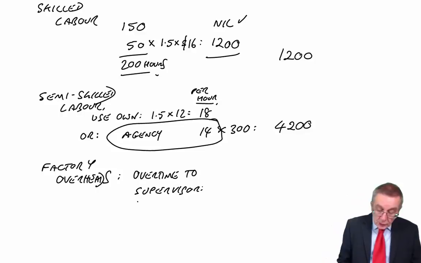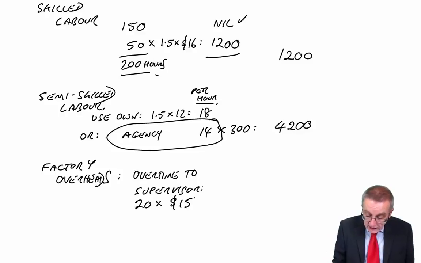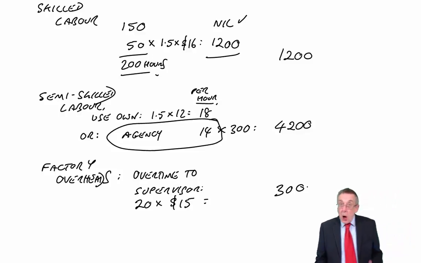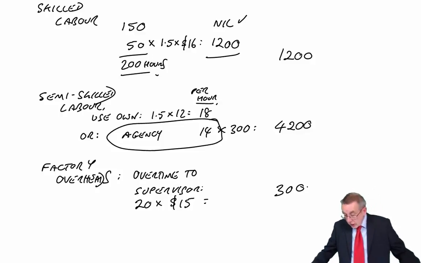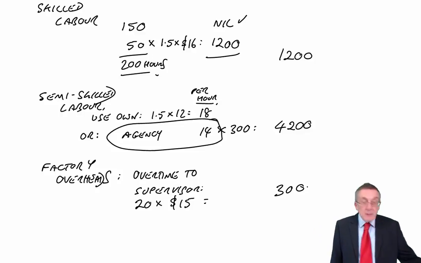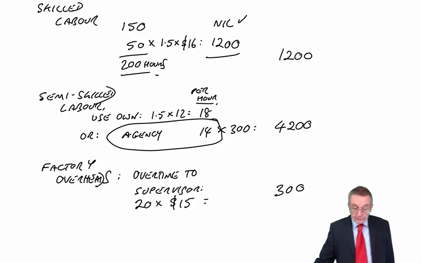He'll need to work 20 hours of overtime. He's paid $15 an hour for any overtime. And so the only extra cost in all of that paragraph is 300. General overheads will occur anyway, with or without the contract. Supervisor's salary will be paid anyway, with or without the contract.